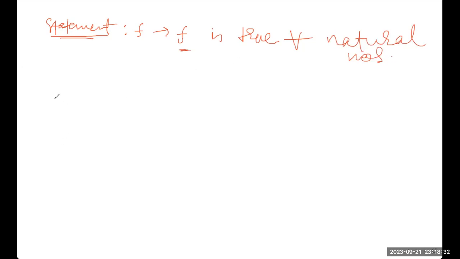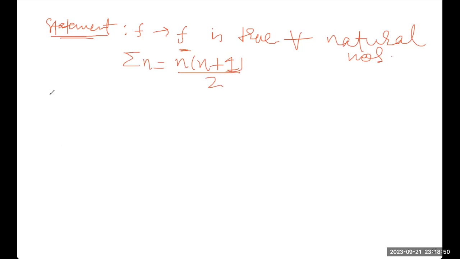Now, to prove that the sum of the first n natural numbers, summation of n, is equal to n into n plus 1 by 2, what do I need to do?